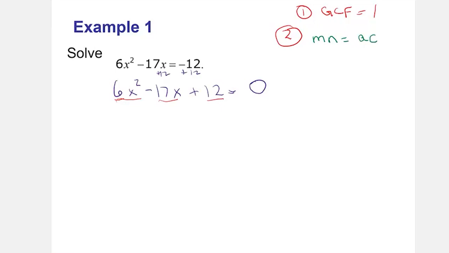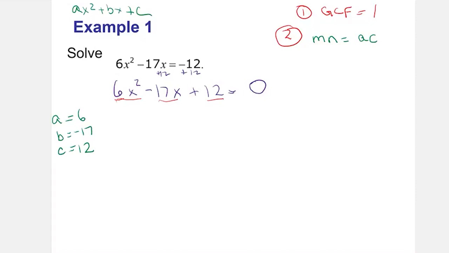And here, A is equal to 6, B is equal to negative 17, and C is equal to 12. Because remember, quadratics are always of the form ax squared plus bx plus c. Since they're all plus, that means the 17 is negative, so I have to make sure I put it in as negative.